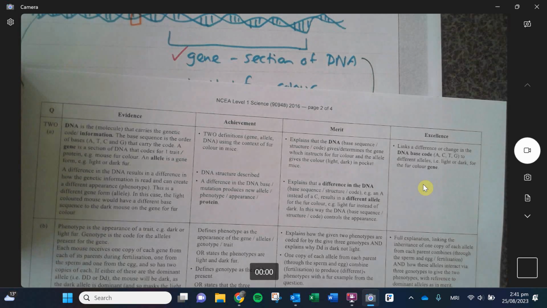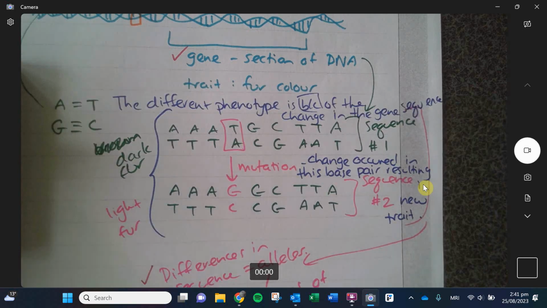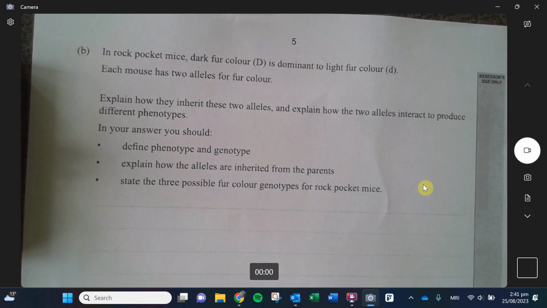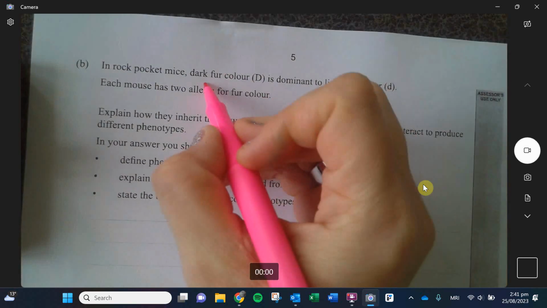Right, we good? Keep going? Okay. Back page. All right. On the back here, we have, again, talking about the mouse, the dark color is a capital D and it's dominant to the light color fur, which is our lowercase d.